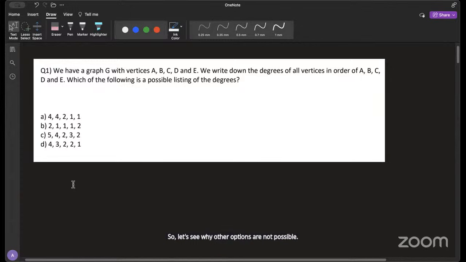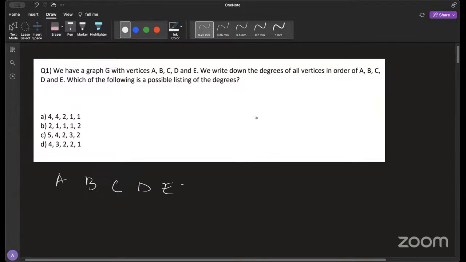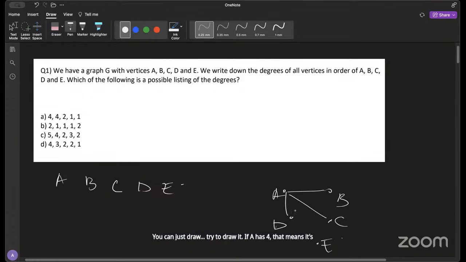There are five vertices, A, B, C, D, E, and we have to write down the degrees of these in this order only. If A has four, that means it's connected to all the others, right?